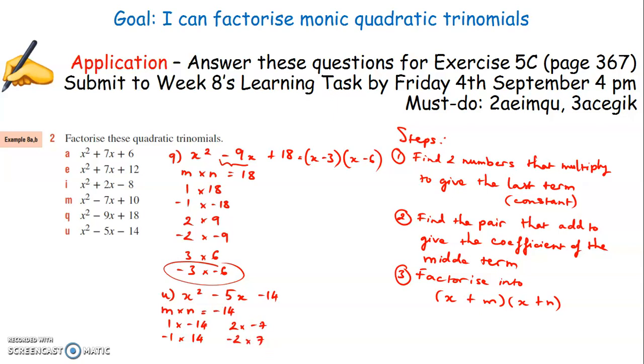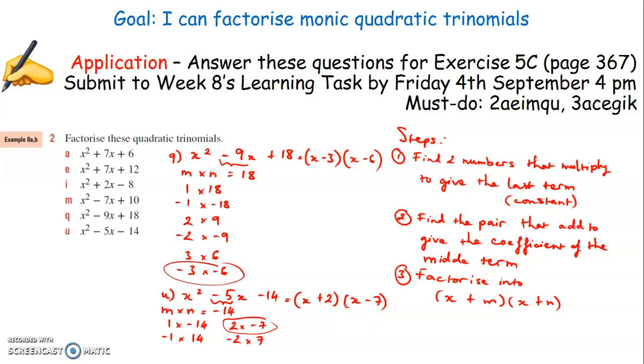The pair that gives us negative 5 when we add them together is 2 and negative 7. So our answer is going to be x plus 2 times x minus 7 in brackets.